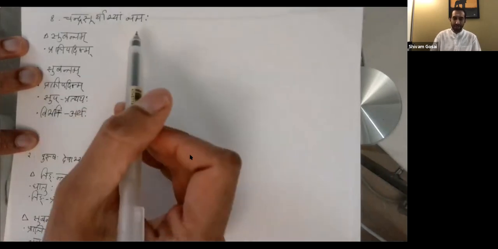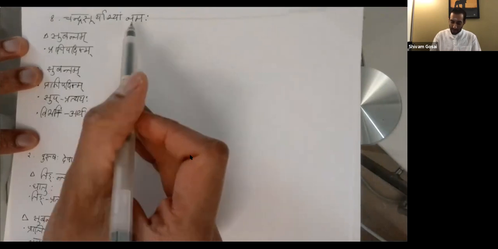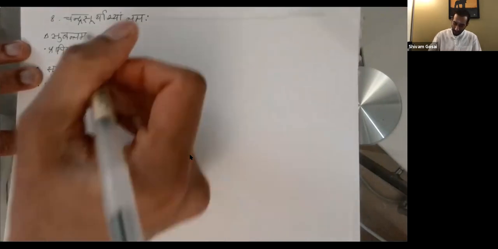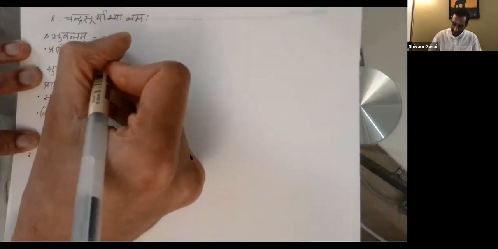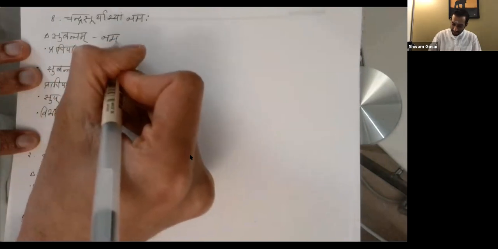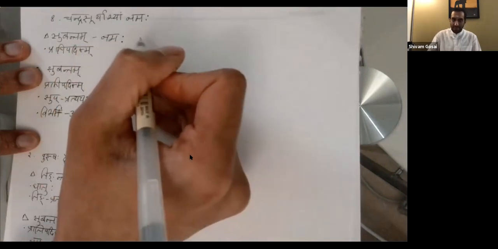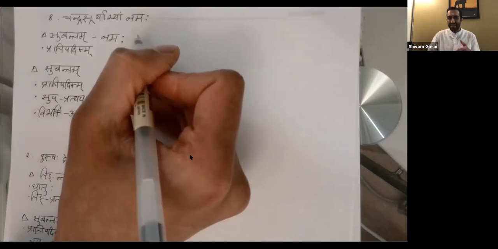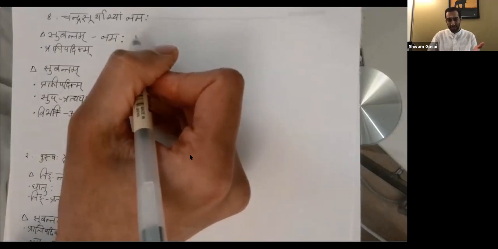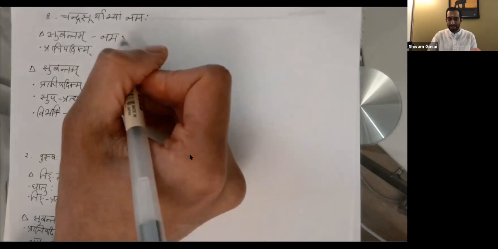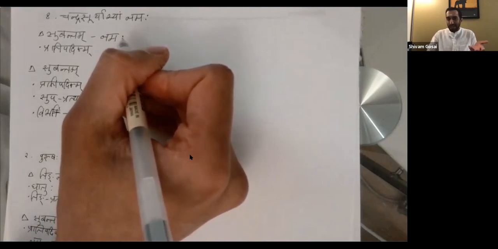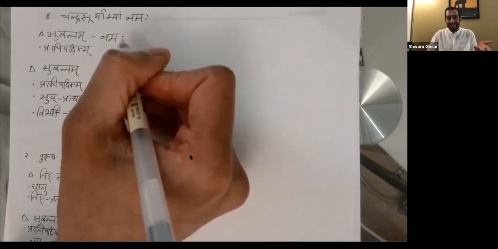There's only 2 words here. So let's start with Namaha, the one on the right side. Okay, so I'm writing Namaha is actually a Subantam. It's what we call an avyaya, meaning it doesn't have a case really. Even though it looks like Ramaha, it's not 1-1. That's how it is.